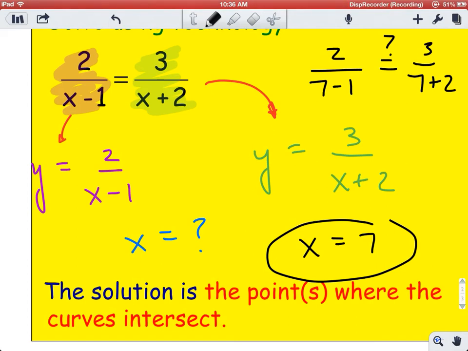That 1/3 is not a coincidence. If we plug in 7 for x, we'll get 1/3. So the key here is that the solution we're looking for in a graphic sense is where the curves intersect. And also notice here that there could be multiple answers. In this particular example, there was only one answer of x equals 7.